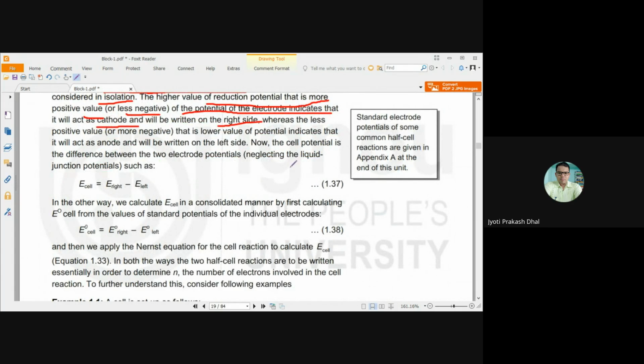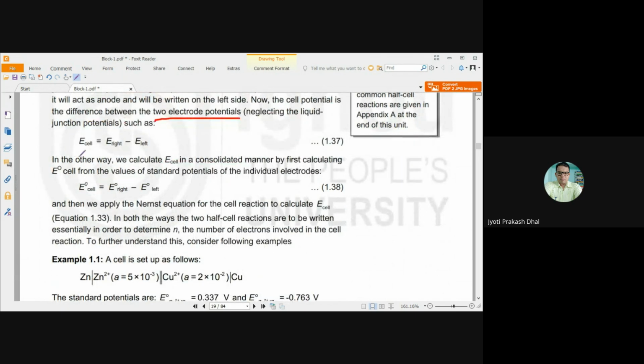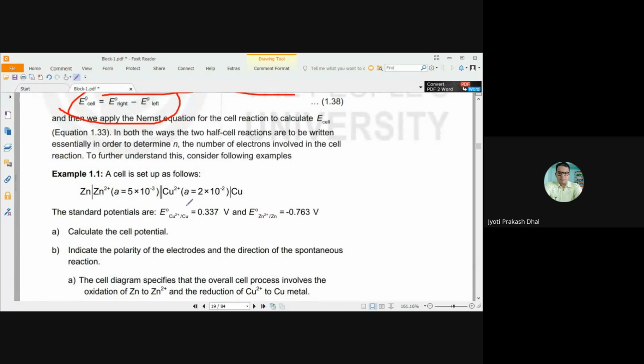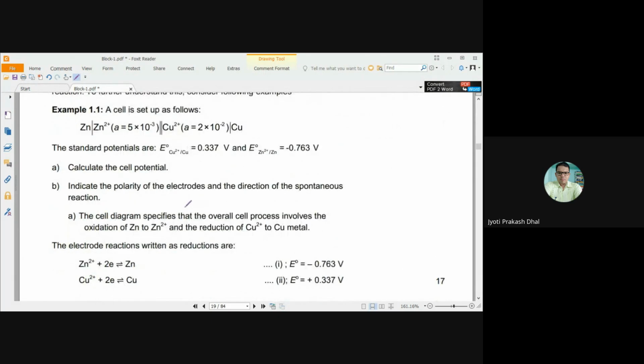Now, the cell potential is the difference between the two electrode potentials, and hence E cell equals E right minus E left. In the other way, we calculate E cell in a consolidated manner by first calculating the standard potential, that is, E naught cell equals E naught right minus E naught left. So here a particular example is there.